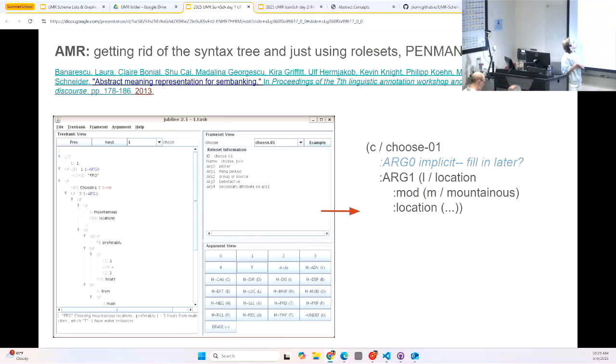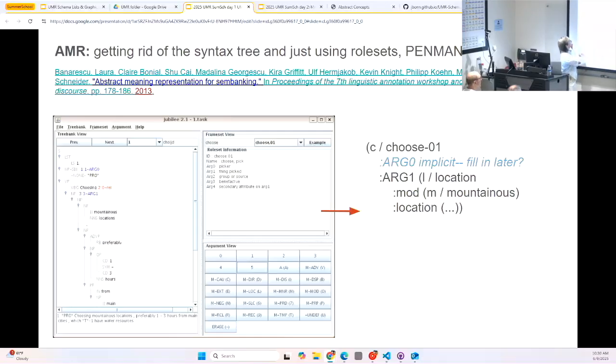And then in the early 2010s, people started to say, hey, we have a lot of syntax wrapped up in this still. What if we did it differently, we got rid of the syntax tree, and we just used these role sets to actually create the structure of the tree? And so this is when Martha got together with Kevin Knight and some other folks and created modern AMR.